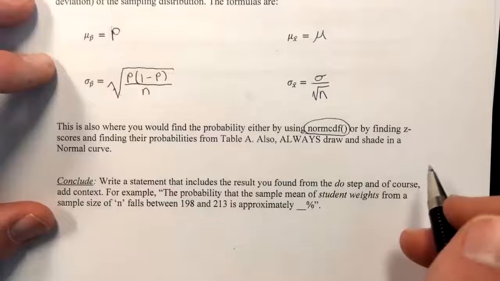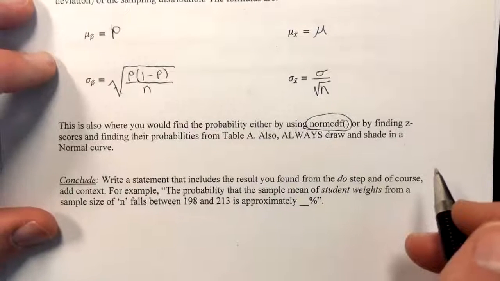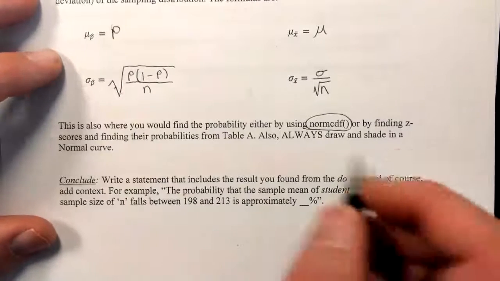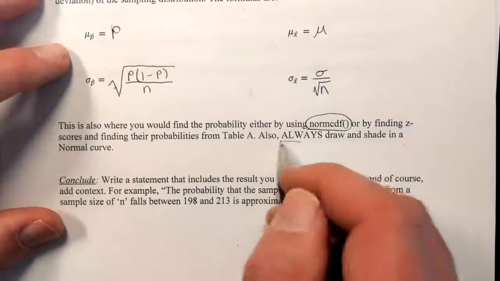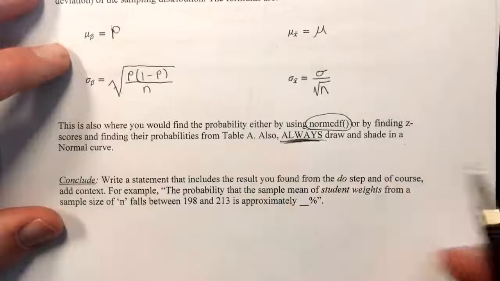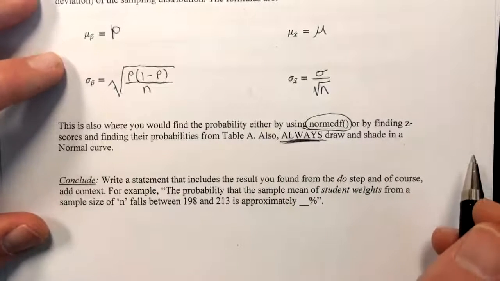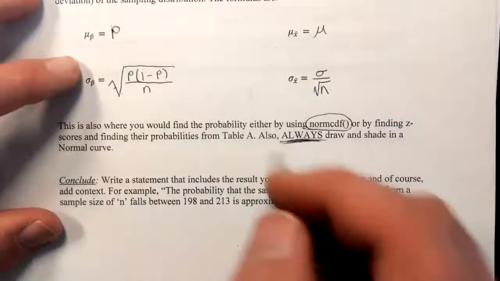Just never forget to do this thing here. Never ever forget this step. A good way to make sure that you get full credit, check your work right away. Always draw and shade in a normal curve. Always, always do that.